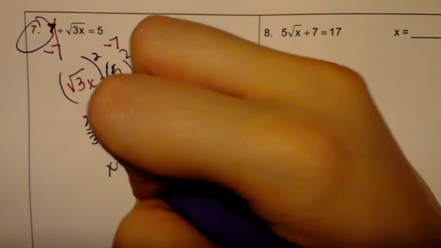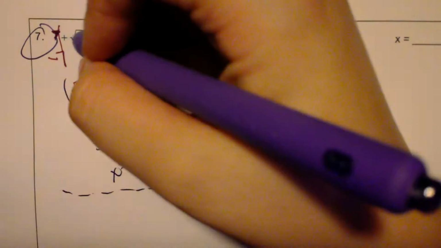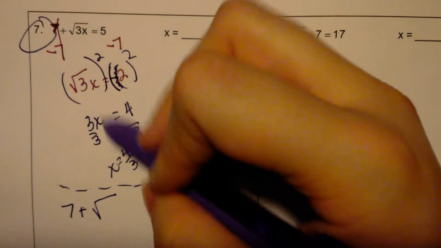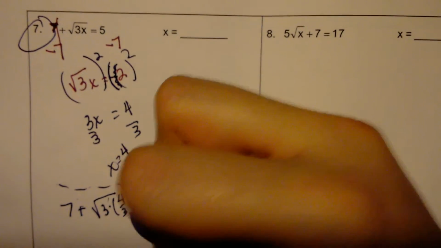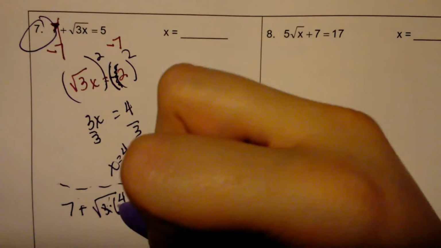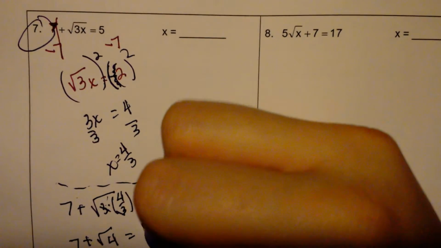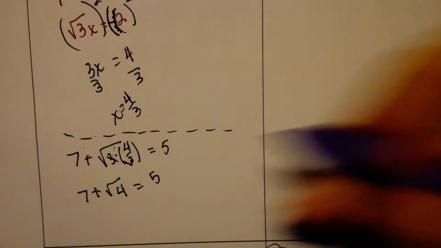So you get x to be 4/3. And if you check that, you plug in 4/3 in there, so 3 times 4/3. The 3 and the 3 would cancel, and you get 7 plus the square root of 4 equals 5. Square root of 4 is 2, so you get 7 plus 2 equals 5.